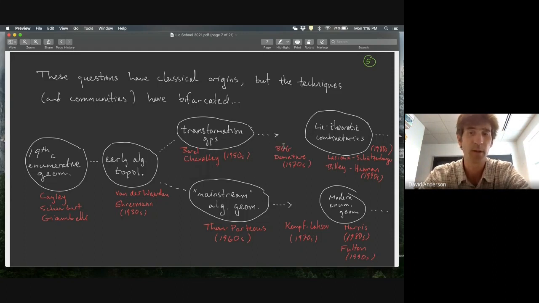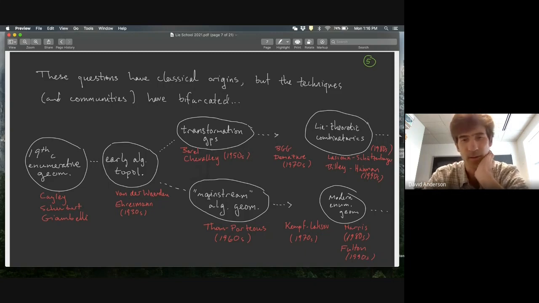For example, intermediate to that, Bernstein, Gelfand, Gelfand, and Demazure introduced what are now called the divided difference operators. And this gives a way of computing Schubert classes. And I'll talk about that in more detail shortly.